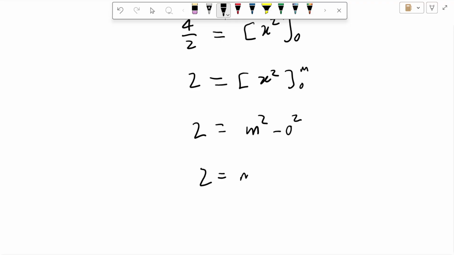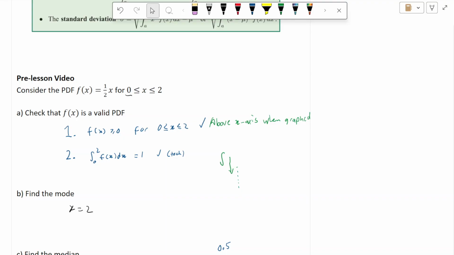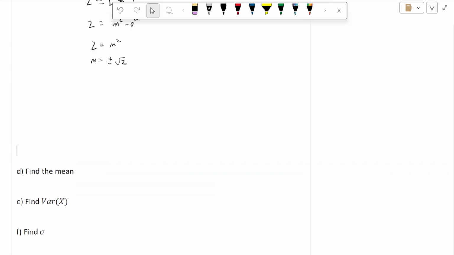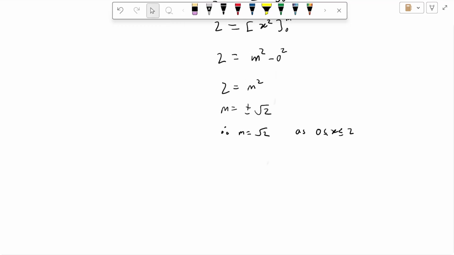So 2 is m squared, or in other words, m is going to be plus or minus root 2. Now, really importantly, the range for x values can only go from 0 to 2. So our median is just positive root 2. Therefore, m is root 2 as x had to be between 0 and 2, so it can't be negative.